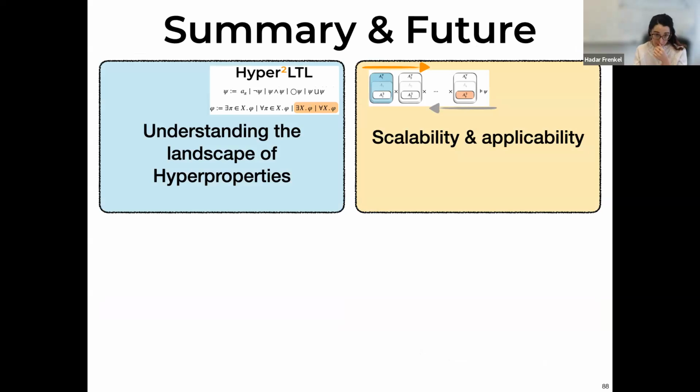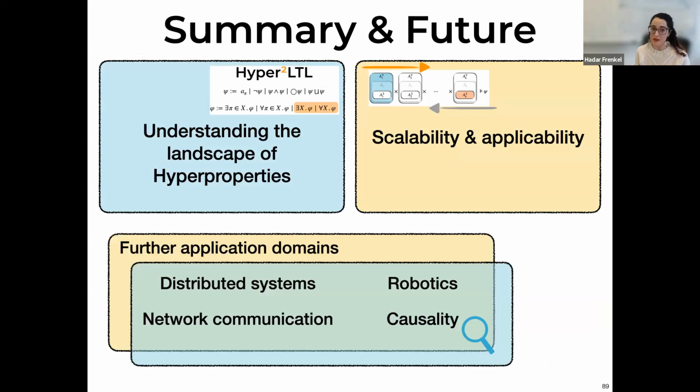In particular, I would be very interested in applications in distributed systems. Both common knowledge and asynchronous behaviors are properties of distributed systems and of communication protocols. Also applications in robotics, where we have some examples of planning in this scenario. And as I said, also in the context of causality.